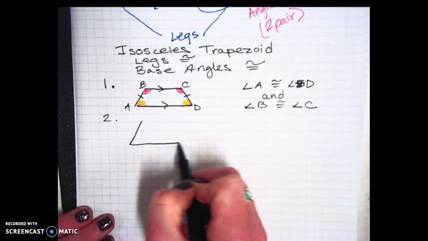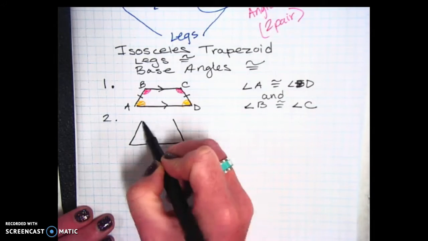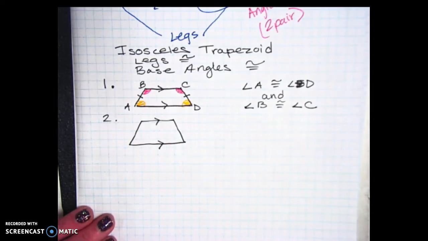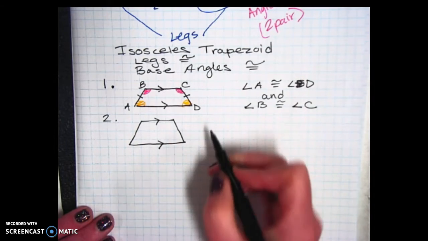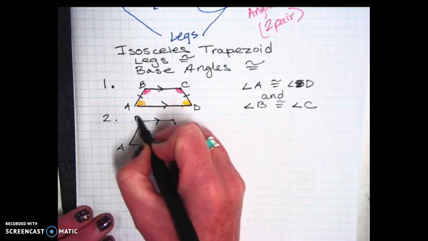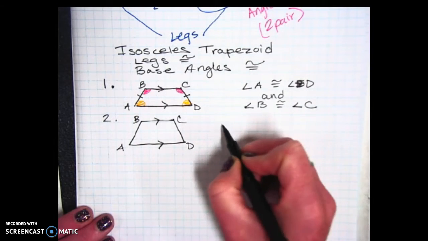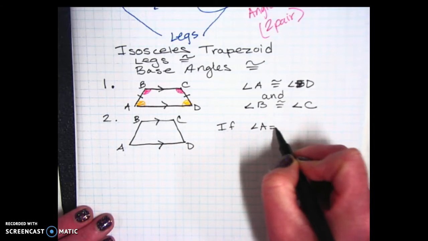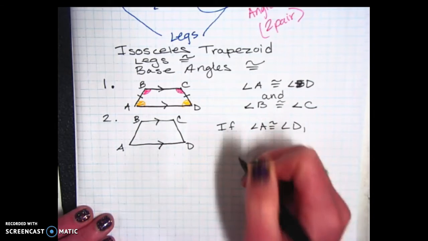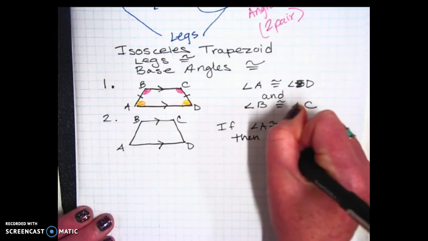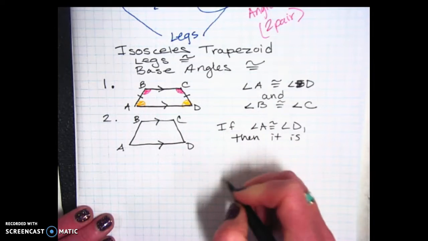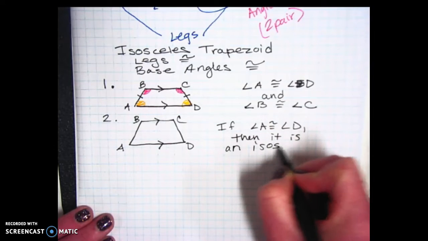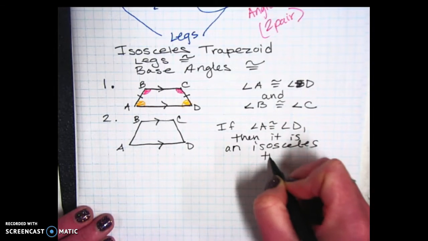It says that in a trapezoid, where you have one pair of parallel sides, and we'll label it A, B, C, D again, this theorem says if angle A is congruent to angle D, then it is an isosceles trapezoid.